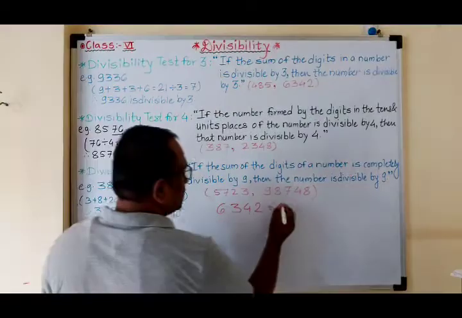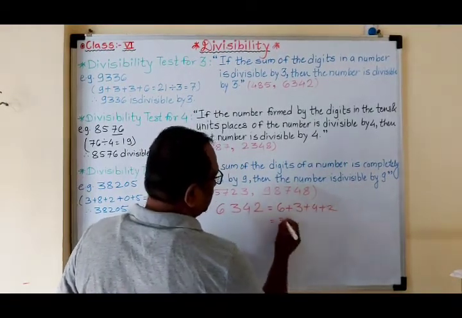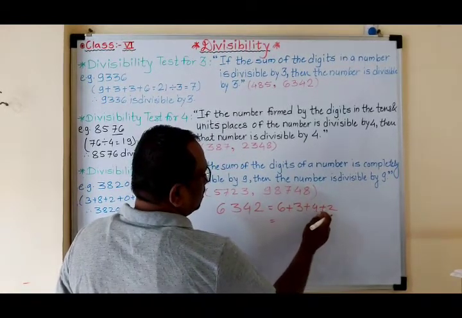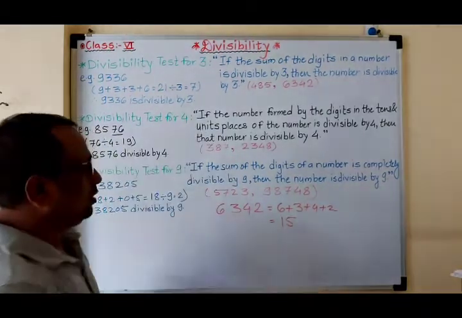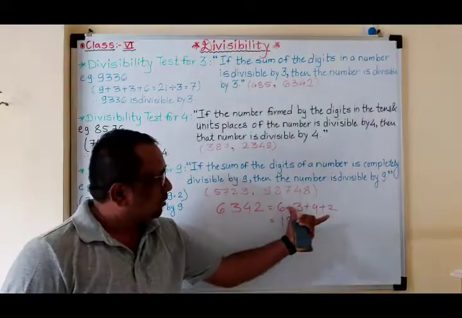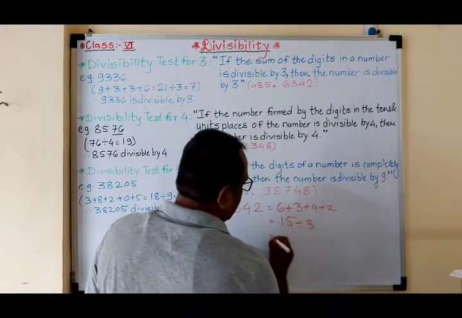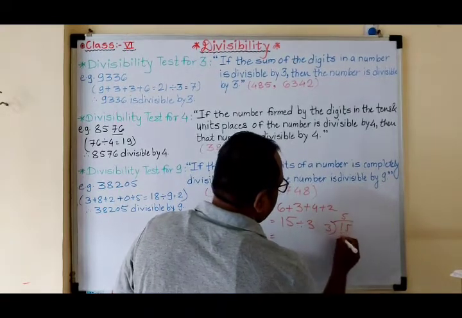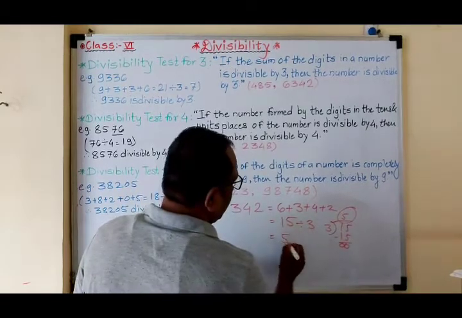So first digit is 6 plus 3 plus 4 plus 2, and the addition is 6 plus 3 is 9, 9 plus 4 is 13, plus 2 is 15. Now we got the sum of the digits as 15, so we have to divide 15 by 3. We know 3 fives are 15, so we got 5 as the answer.